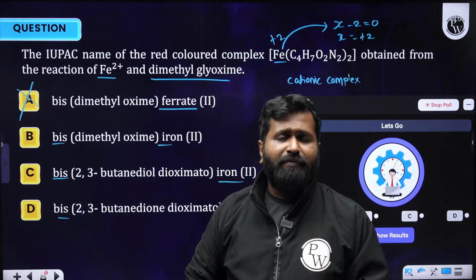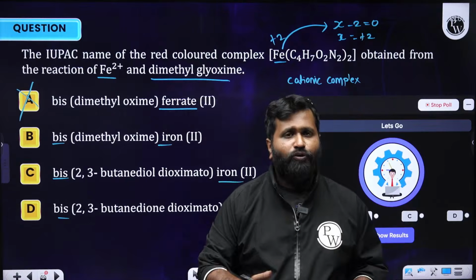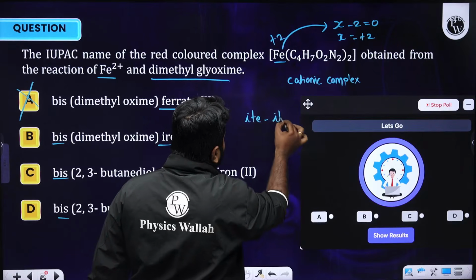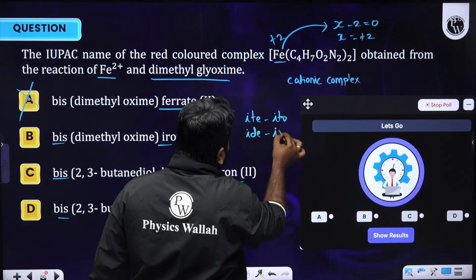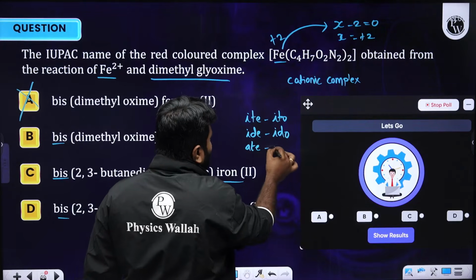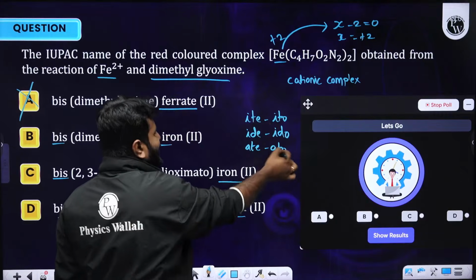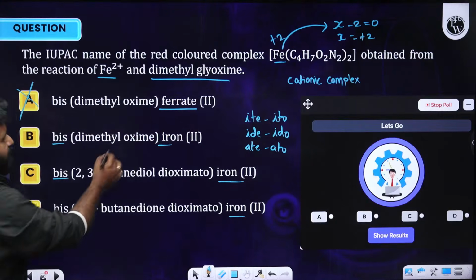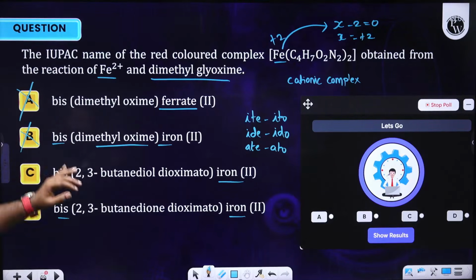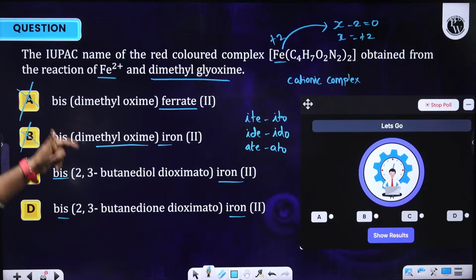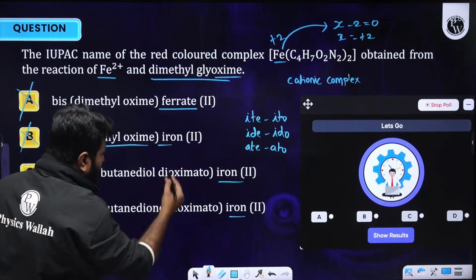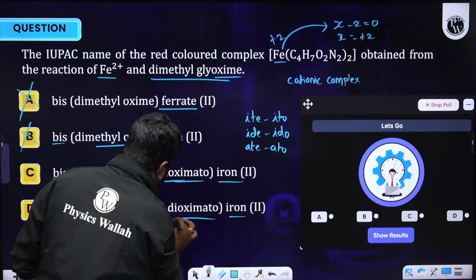F, fluoride, we call it fluorido or fluoro. I hope you remember: when it comes to ligand names, ITE means ITO, IDE means IDO, and ATE means ATO: nitride, nitrite, nitrate. So the same name will not come for the ligand. So for dimethyl glyoxime, automatically dioximato should come.